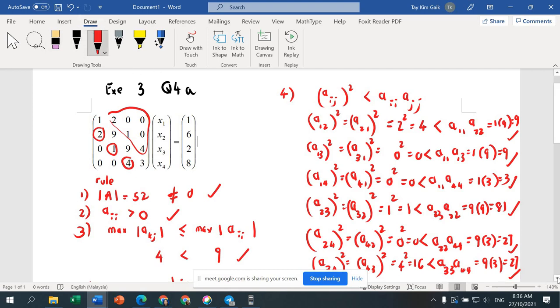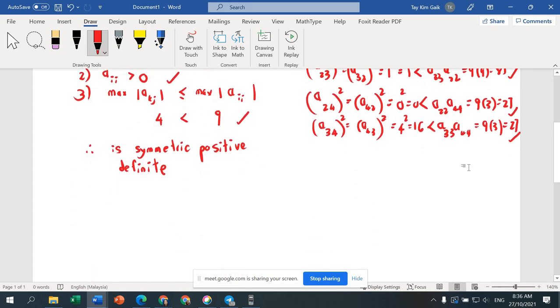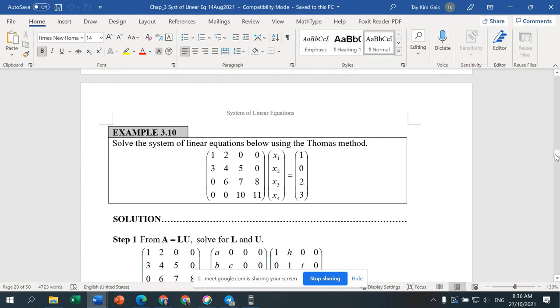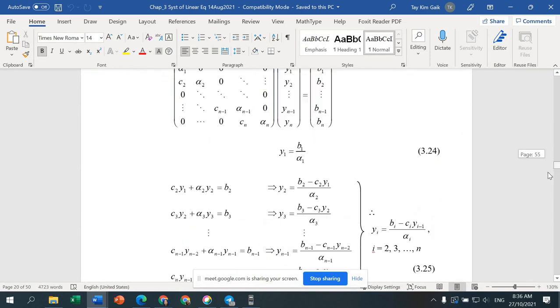And since this is symmetric positive definite, if you want to use the Cholesky, you use the same technique. You extend from 3 by 3.